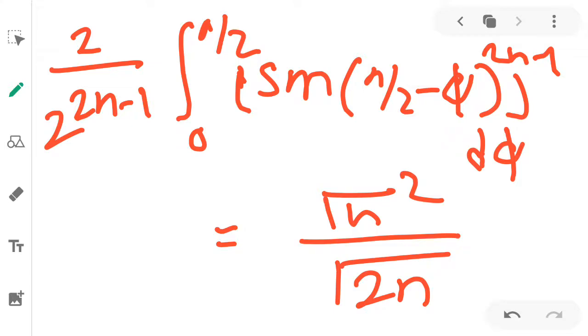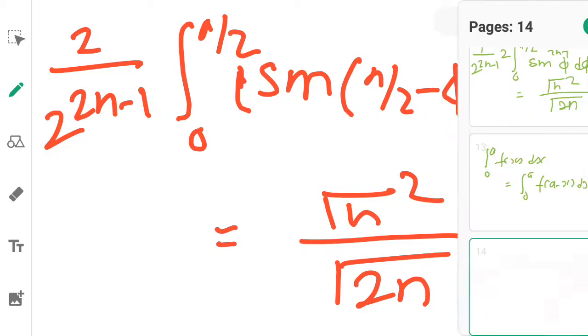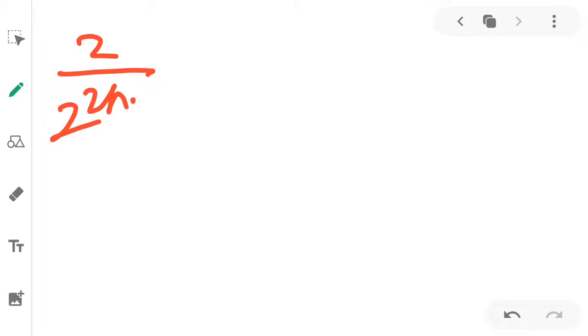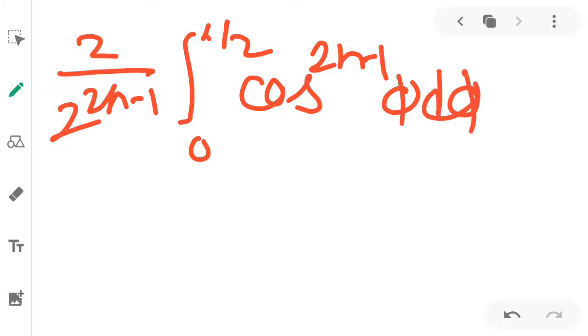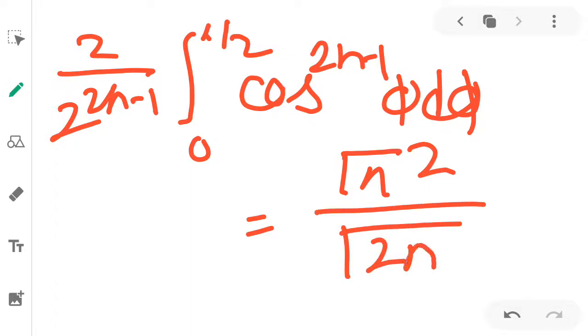So the total equation becomes cos to the power 2n minus 1 phi d phi. So in the next step we get 2 upon 2 to the power 2n minus 1 integral 0 to pi by 2 cos to the power 2n minus 1 phi d phi, and this is equal to gamma of n square upon gamma of 2n. Okay.